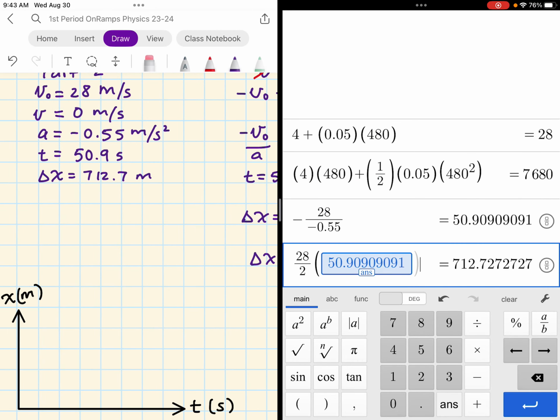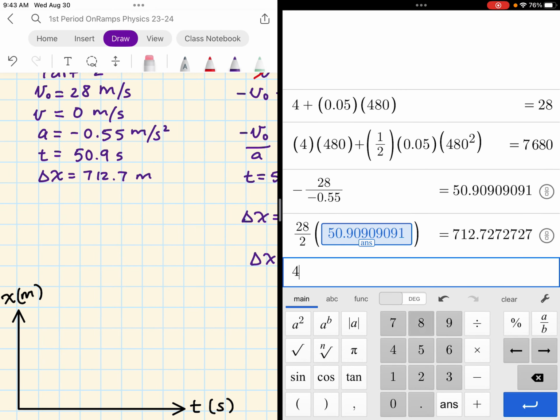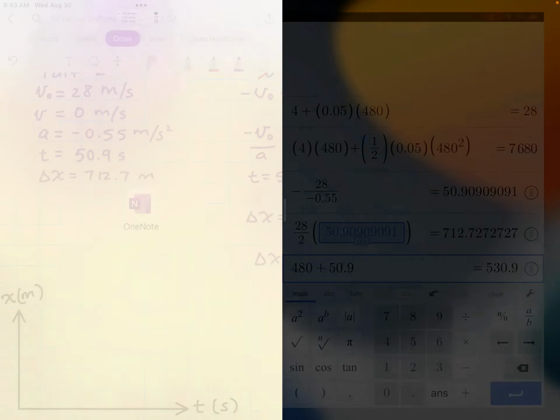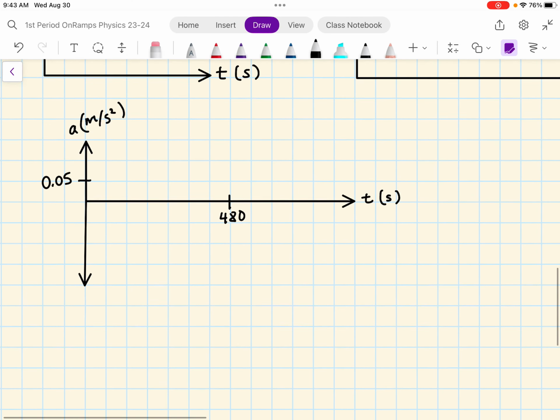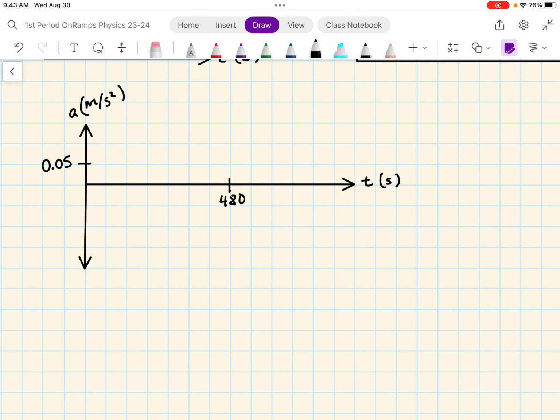So that'll be 480 plus 50.9. That is 530.9. So let's say 531. So now say that this is 531. Okay. So for 480 seconds, I had a constant positive acceleration of 0.05.